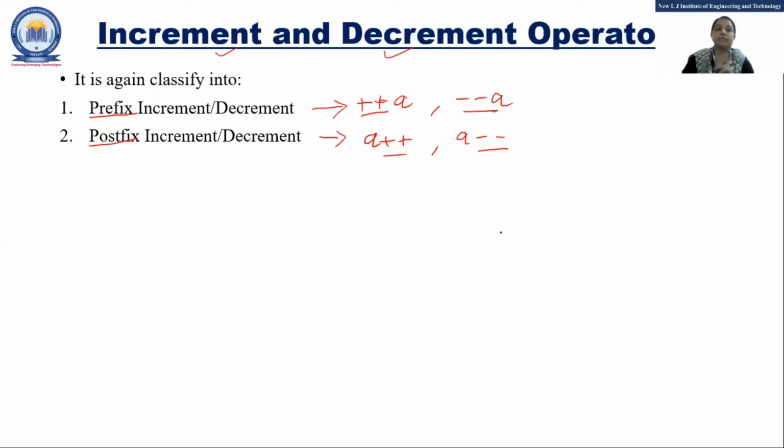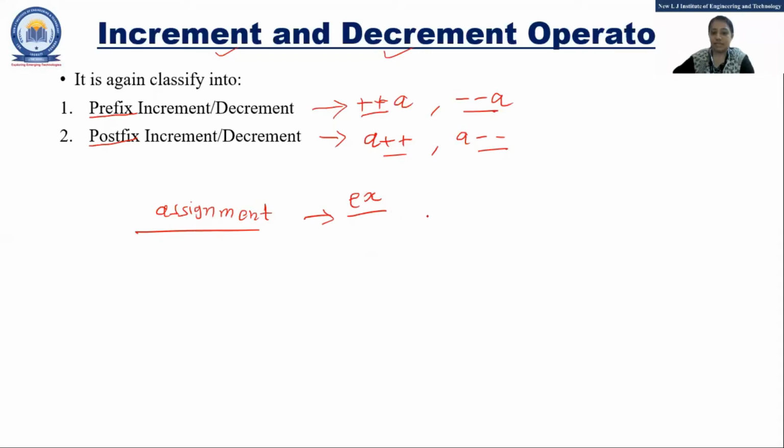Now there will be a difference between prefix and postfix. Listen carefully. There will be a difference when you are going to use an assignment operator. A simple example I'll show you.